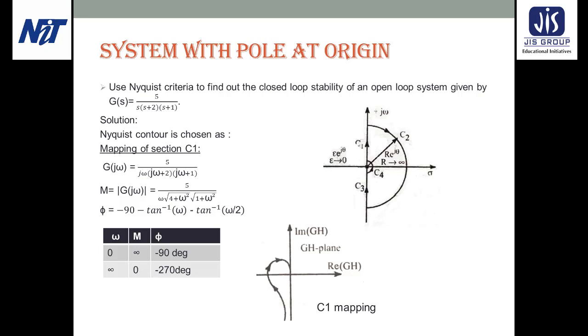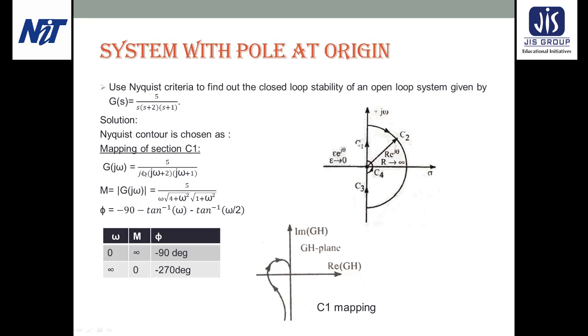For the j omega term, it can be written as 0 plus j omega, and the magnitude becomes root of 0 square plus omega square, which gives only omega. The angle contribution for the single pole is minus 90 degrees, because it is located in the denominator, so it is minus tan inverse y by x.